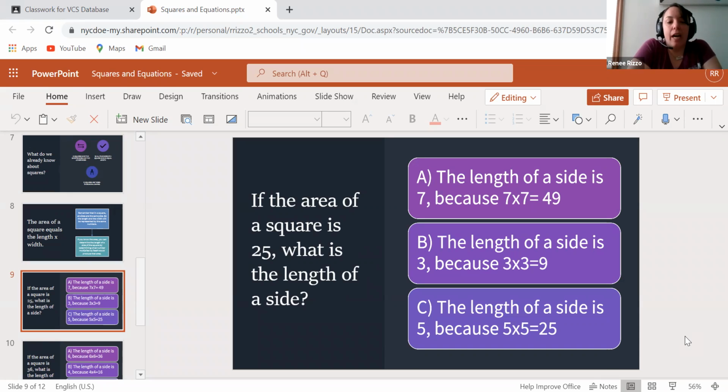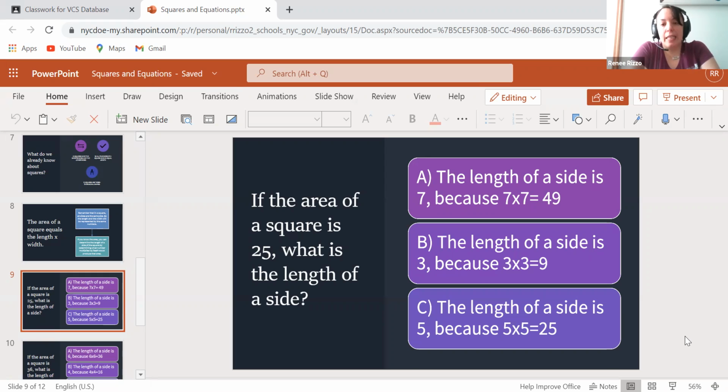If the area of a square is 25, what is the length of a side? A, the length of a side is 7 because 7 times 7 equals 49. B, the length of a side is 3 because 3 times 3 equals 9.